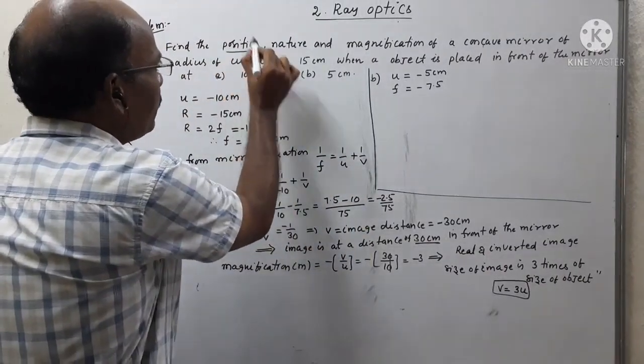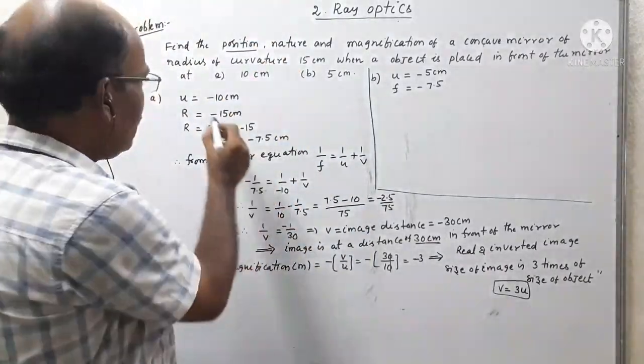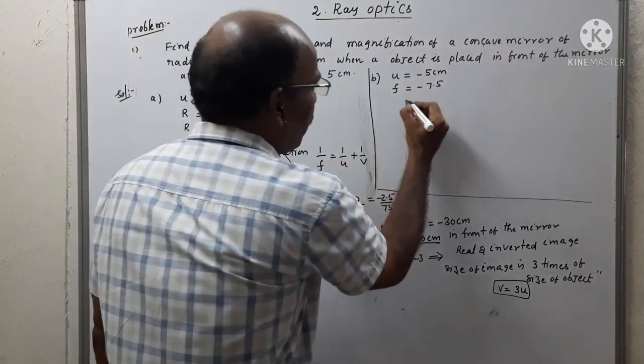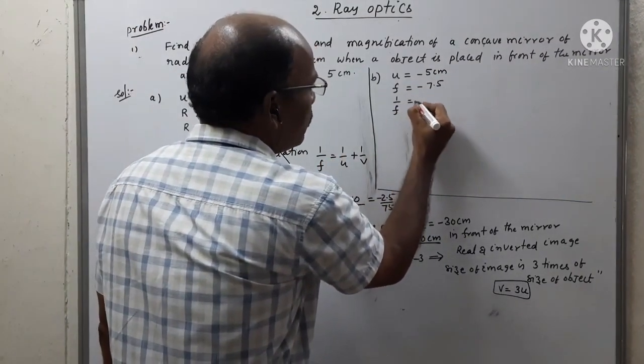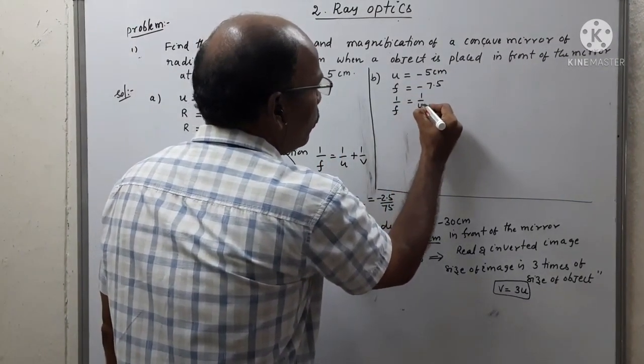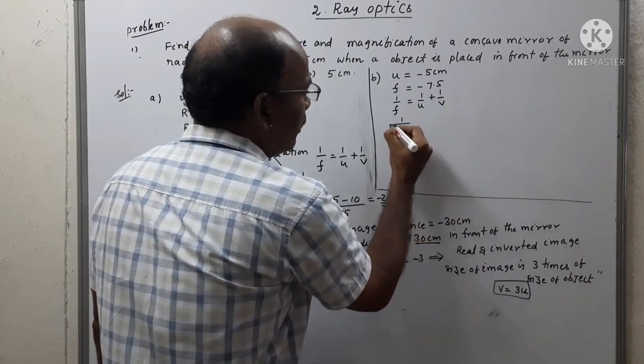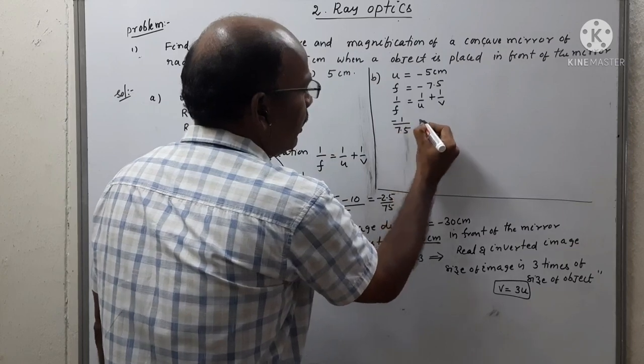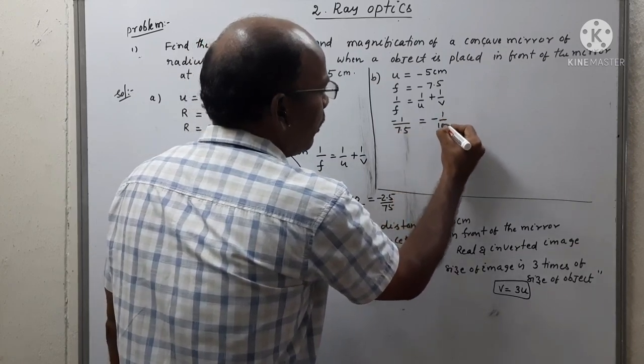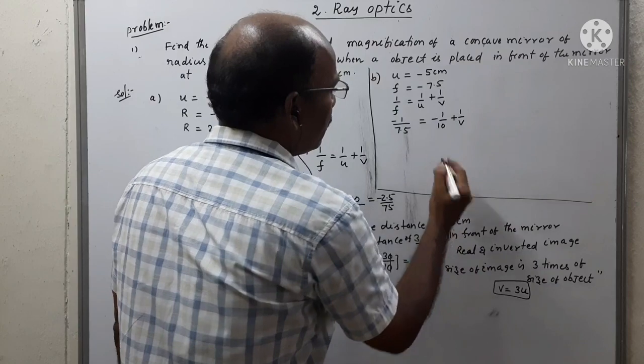To find the position of the image, we use the mirror equation: 1 by f is equal to 1 by u plus 1 by v. So 1 by minus 7.5 is equal to minus 1 by 5 plus 1 by v.